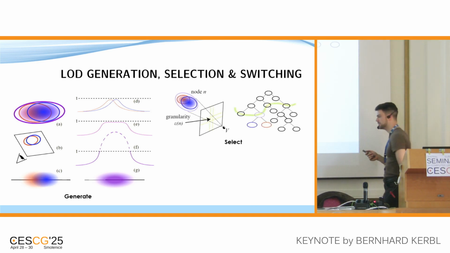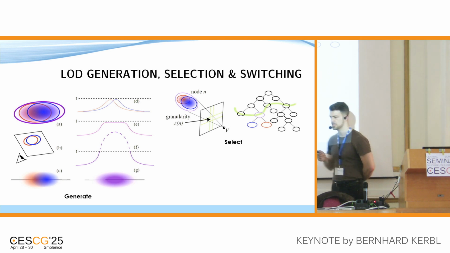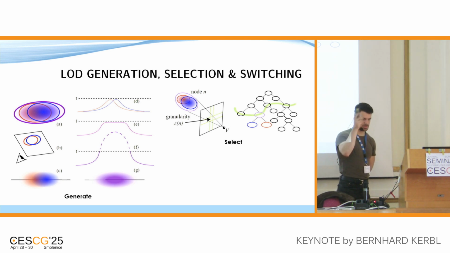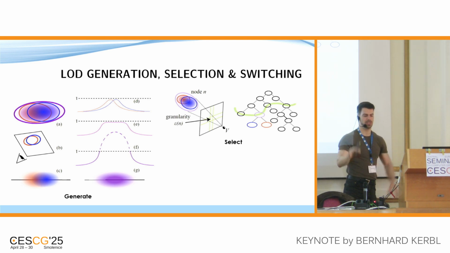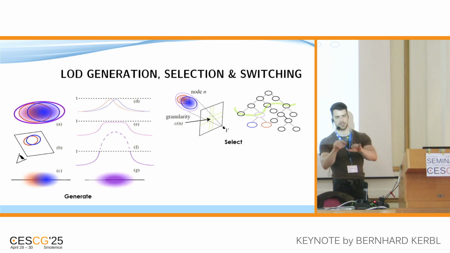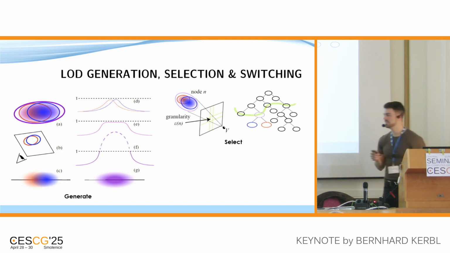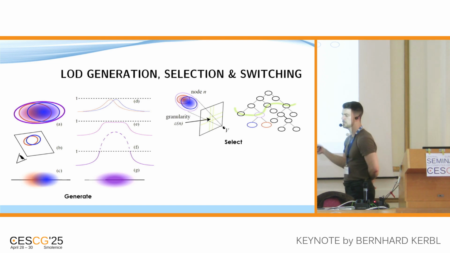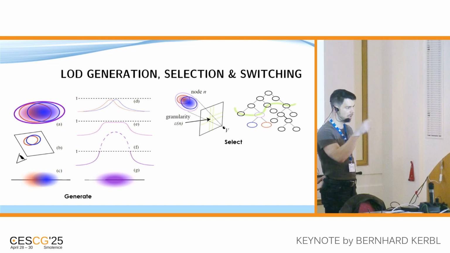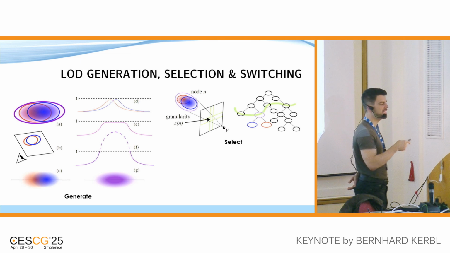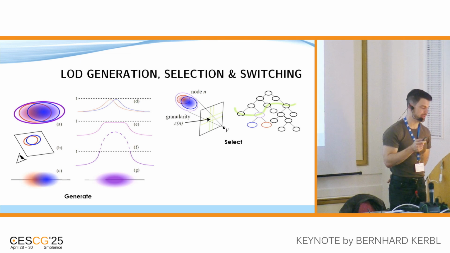The second problem that you need to solve for level of detail methodology is selection. So once you have the different levels of detail, going from the finest level where you have all the leaf Gaussians up to the coarser and coarser intermediate versions of them, you basically need something to decide, at any point in time, which Gaussian in this representation do I pick?